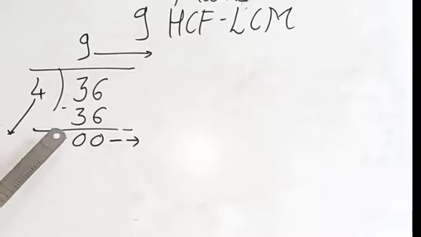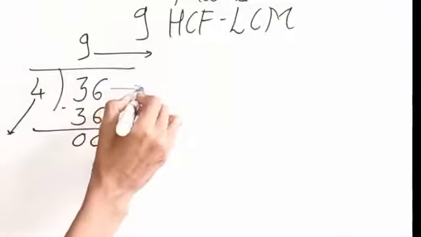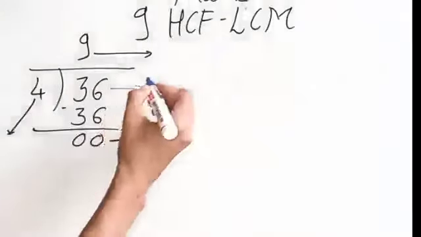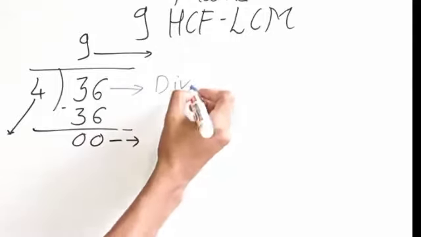Here, I have solved one division, 36 divided by 4. So, 4 9s are 36 and 36 minus 36, 0. So, here you will tell me now, you have to remember what is this. What is this? This is called dividend.